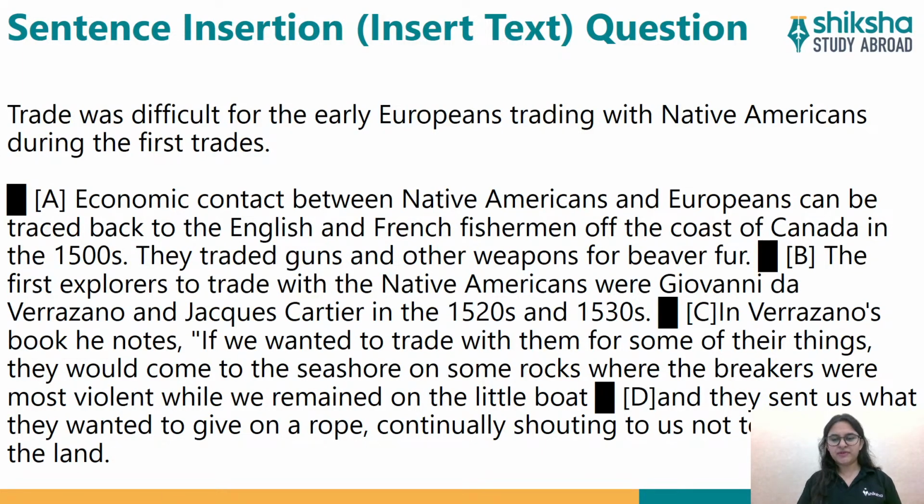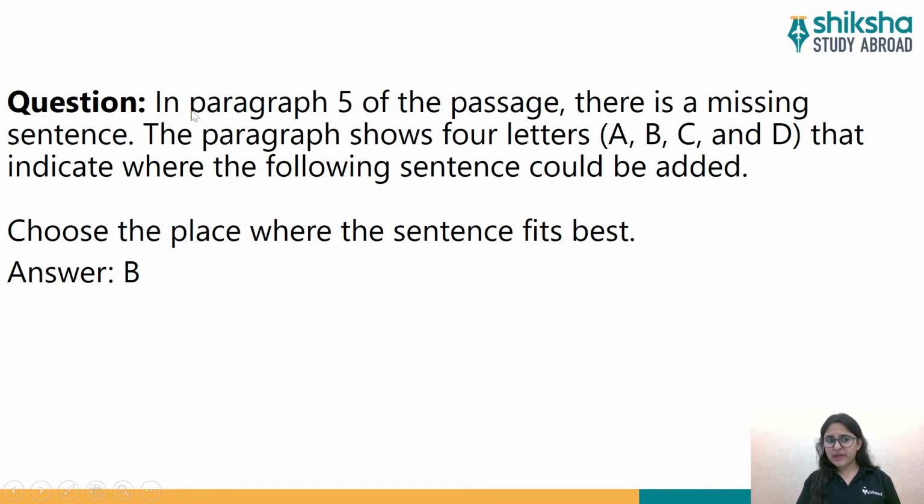After every sentence there is a box, and the boxes are marked A, B, C, and D, so there are four options. The question will look like: in paragraph 5 of the passage, there is a missing sentence. The paragraph shows four letters, A, B, C, D, that indicate where the following sentence could be added. Choose the place where the sentence fits best.